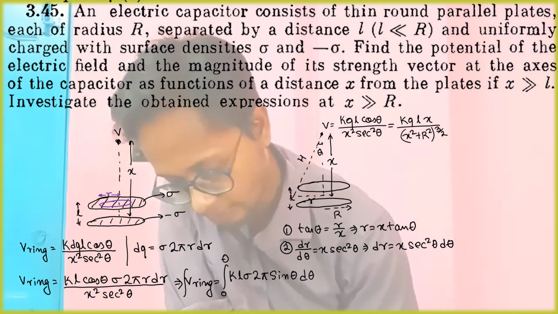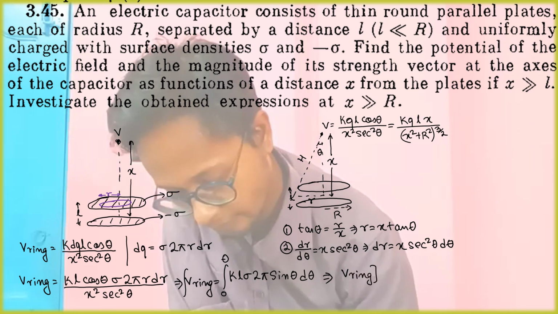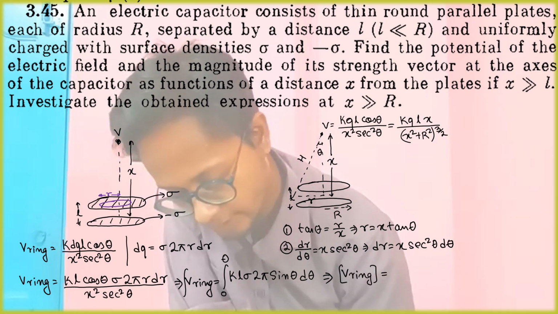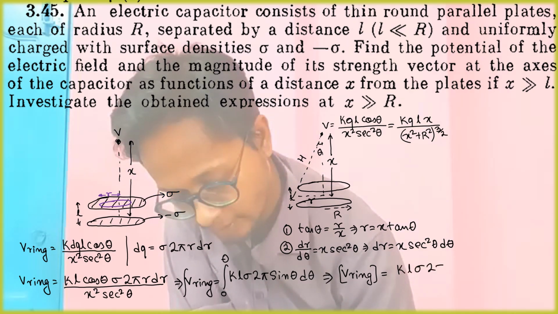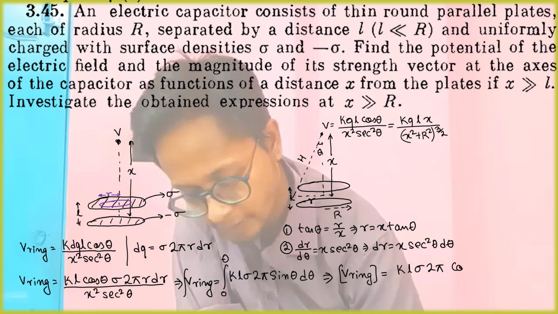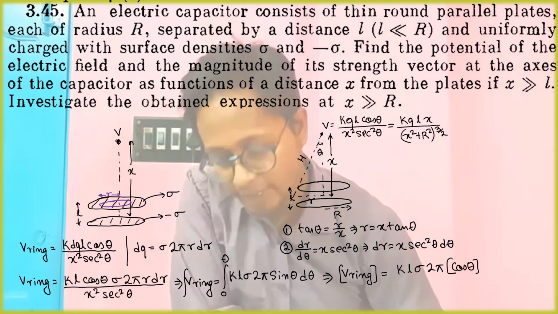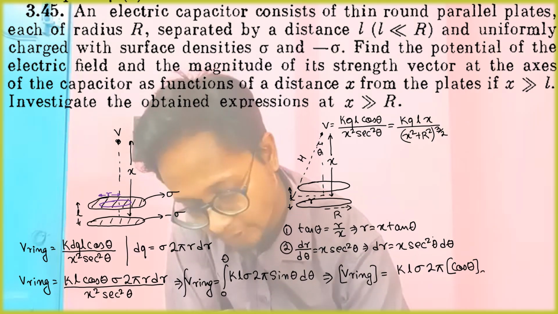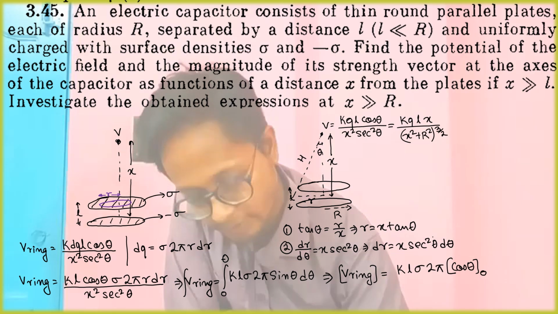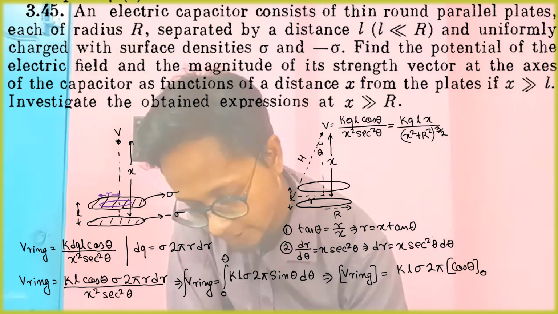Understood? So now V ring is nothing but KL sigma 2 pi. What is the integration of sin theta? Minus cos theta. Now let's put the limits, from theta is equal to 0 to theta is equal to this extreme value.